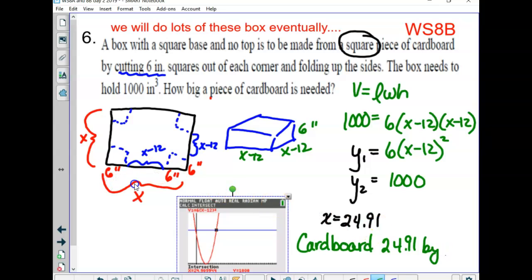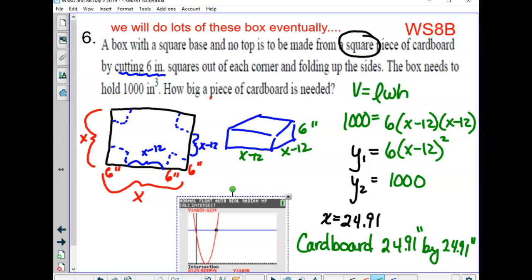X was the original piece. Yep. We could have done it differently. You're right. We could have put x plus 6, but we didn't do that. We did, the x was the original piece. So the original piece should have been 24.91 by 24.91 inches. We good?